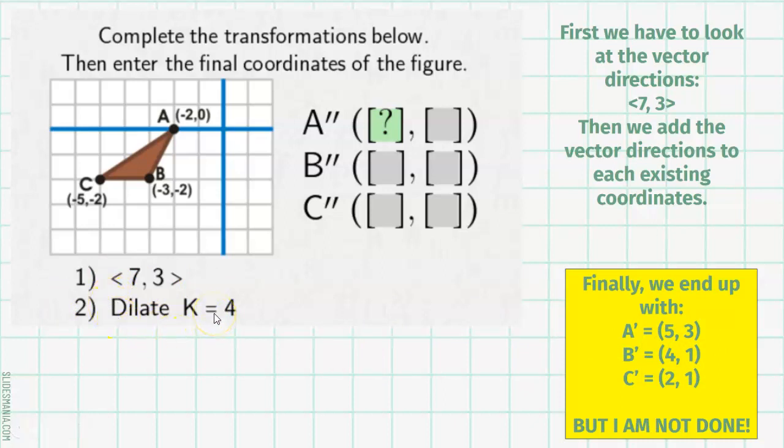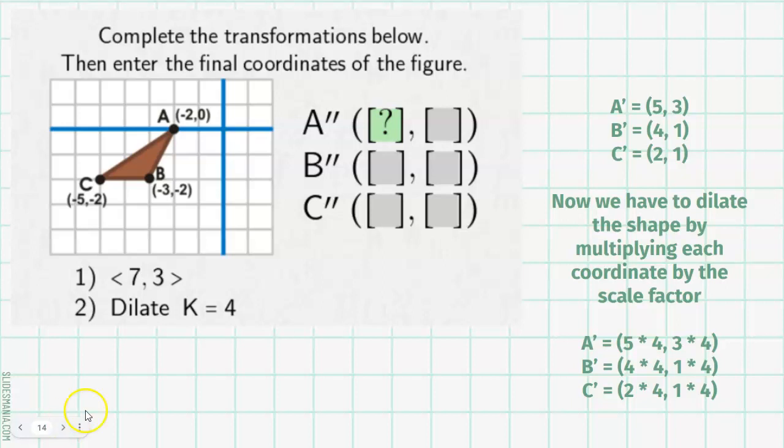I have to dilate. So when I dilate, I'm going to use what I had in that yellow box, and we have to dilate the shape by multiplying each coordinate by the scale factor. The scale factor is 4.